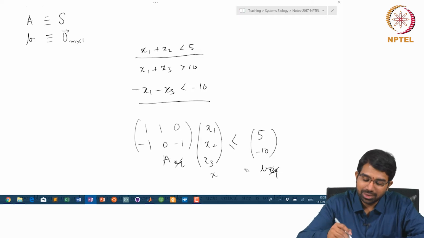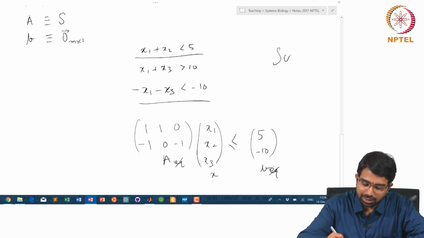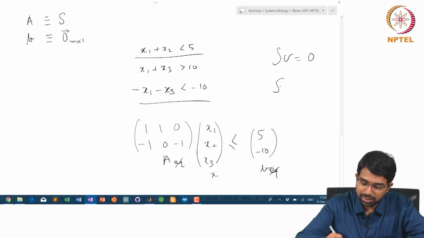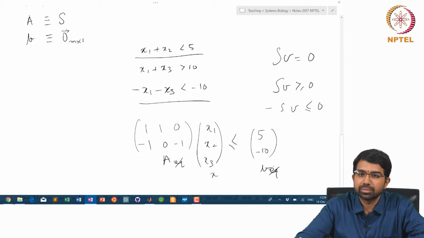In fact, can you tell me how do you convert this into an inequality constraint? It's an equality constraint. How do you convert it into an inequality constraint? So you say Sv greater than or equal to 0 and also less than or equal to 0.